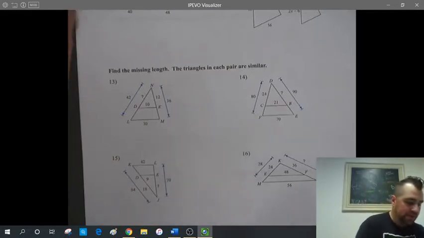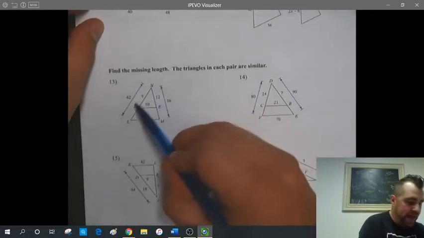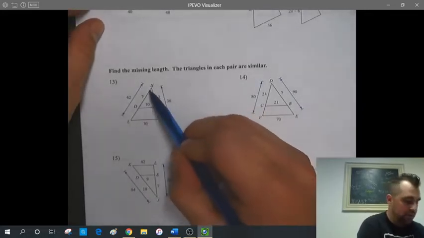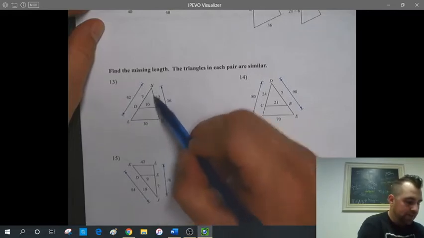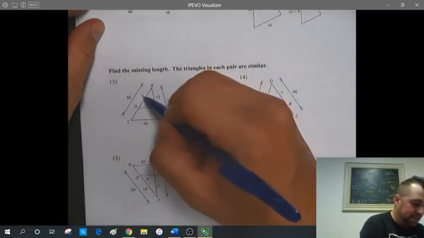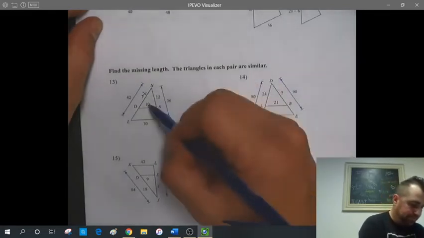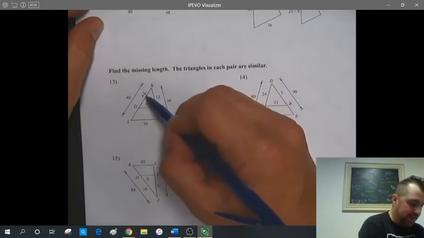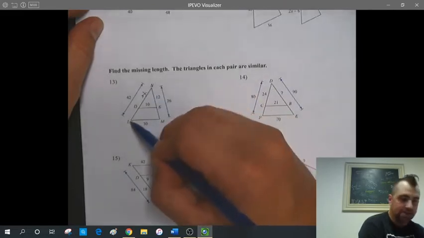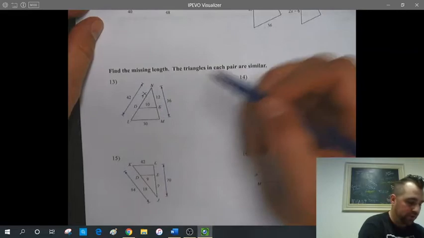So if I make a comparison here, the small triangle is NDE, the large triangle is NLM. And so in the small triangle, this is my missing side that I'm trying to find, if I call it x there, where the question mark is. And so the side of x is going to compare to this entire side in the bigger triangle, which is shown here as 42.